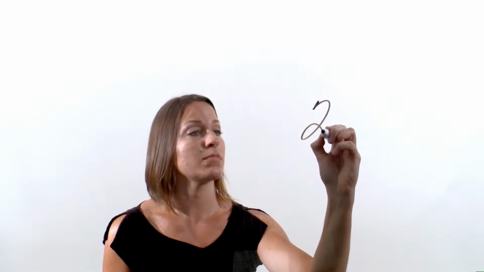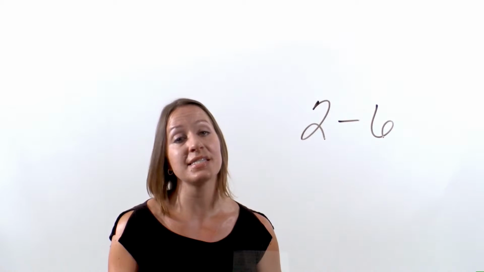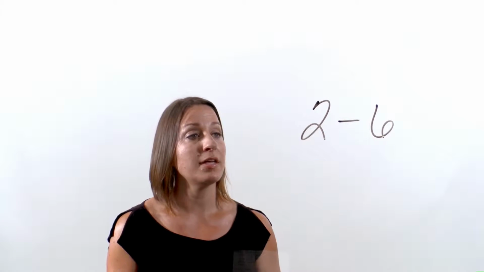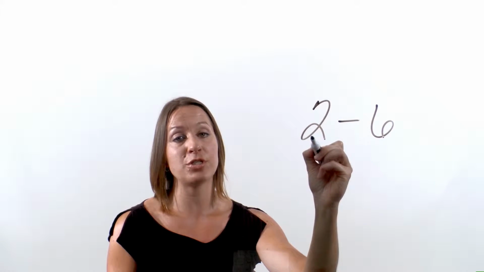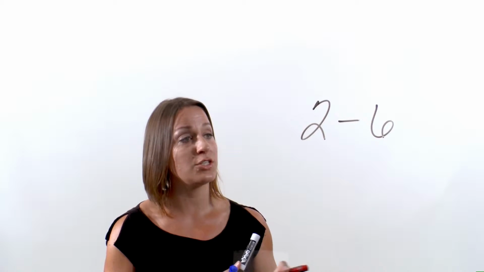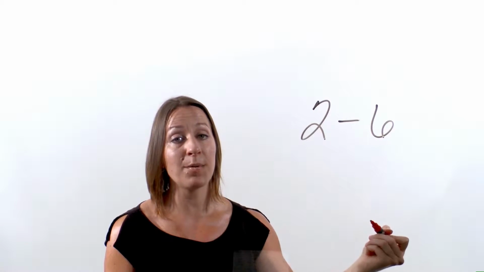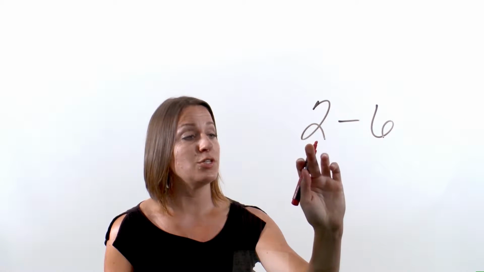Here's a couple more examples. What if you had the problem 2 minus 6? This looks complicated because how can you take 6 away from 2? So we're going to apply the same trick that I taught you earlier by adding the opposite number. We keep the 2 the same.